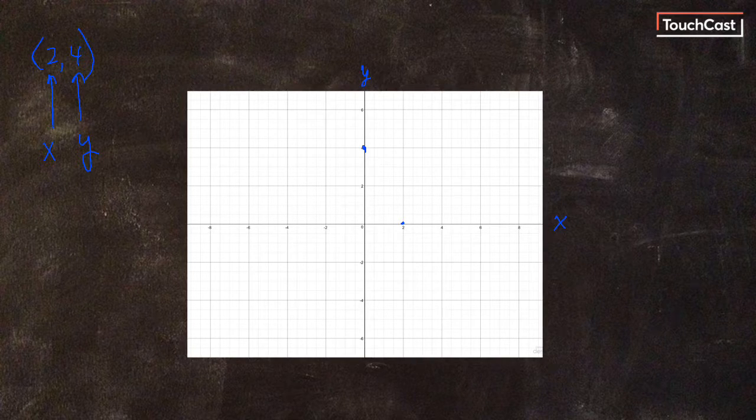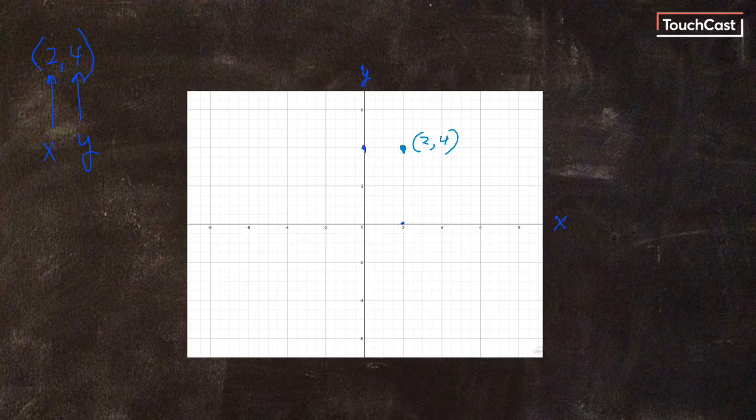So if you draw a line to where they would intersect, this is the actual point that we have. And this is 2, 4.